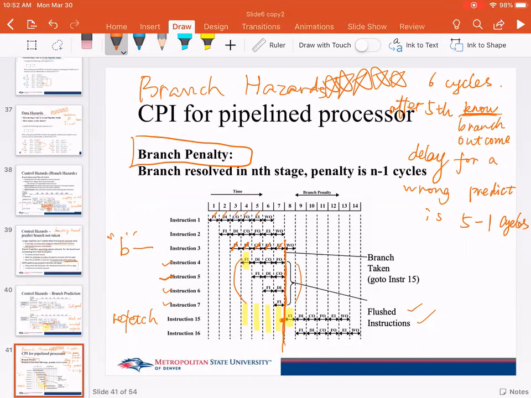So a quick review. Last time we analyzed the branch penalty for a pipeline processor. So what does that mean in general? If you stall your pipeline for a little bit of time, then this is of course the extra delay caused by the branching instructions.